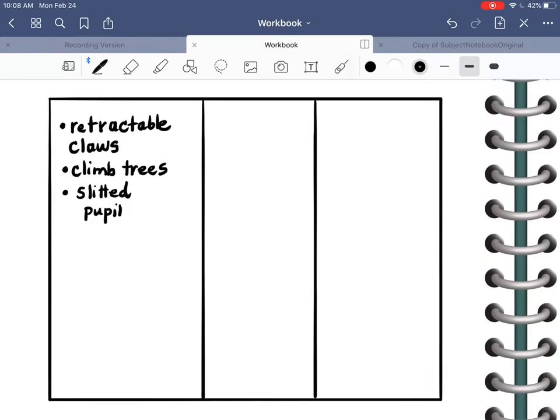And remember, if I draw the cat eye, a slitted pupil looks like that. Okay, so the cat eye has the slitted pupil. Because of that slitted pupil, cats do a lot of hunting at night. That pupil can open up very wide at night to let in light.